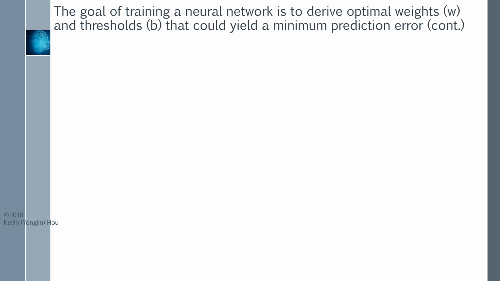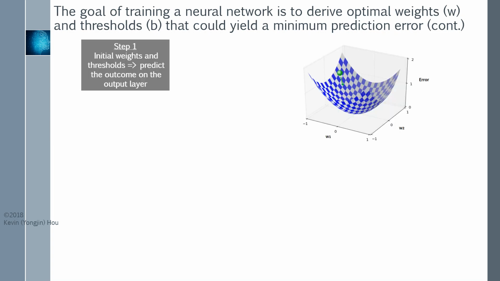So here, let's get a sense of how back propagation works. Initially, we come to this neural network. We do not really know what the optimal weights or thresholds to apply are, because we have a lot of weights on different layers, and a lot of thresholds on different nodes and layers. But what can we do?